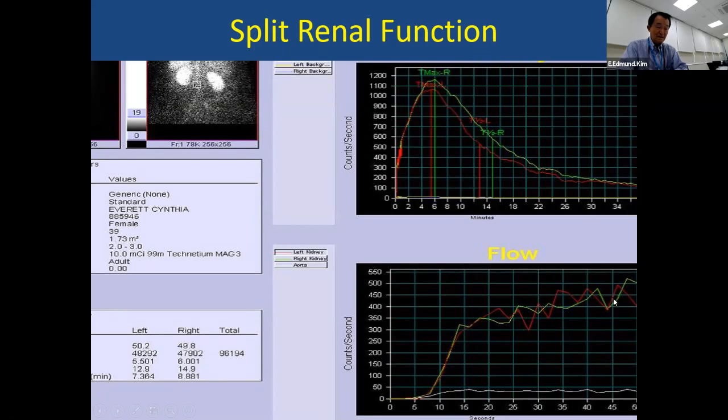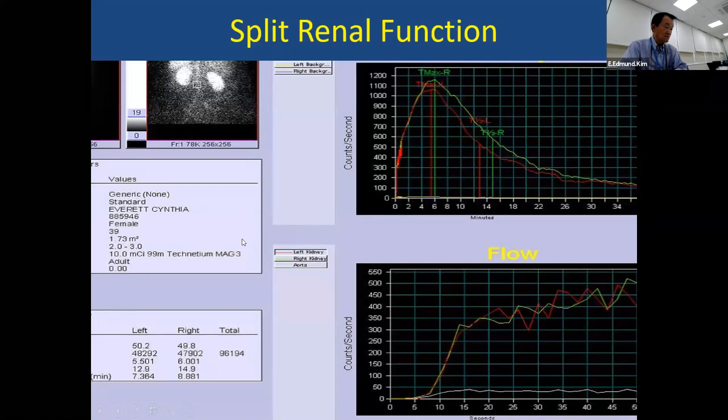Then you cannot evaluate this flow pattern properly. We should see at least some peak and down for a bolus injection. But anyway, this is a renogram curve, and it goes up. Peak arrived at about 6 minutes, and half time is down.